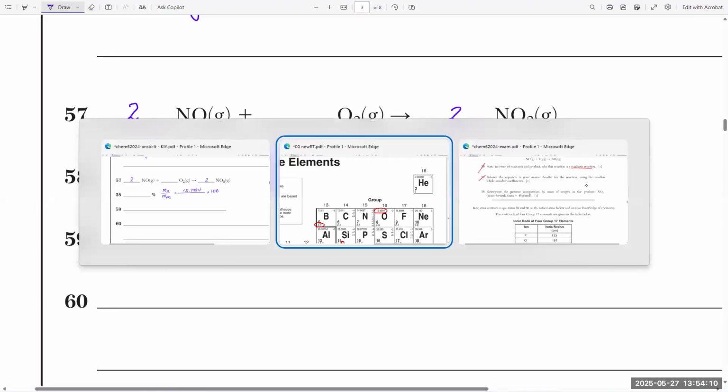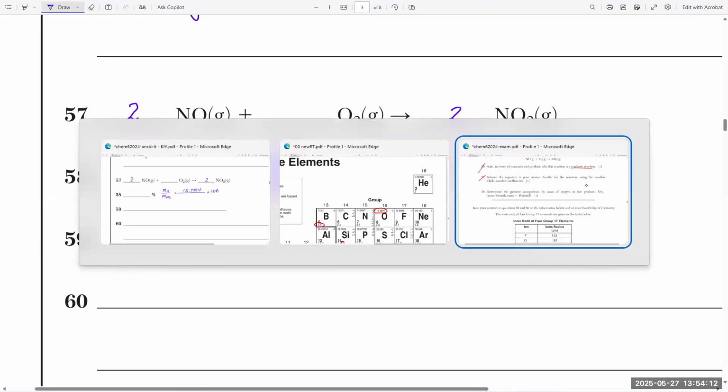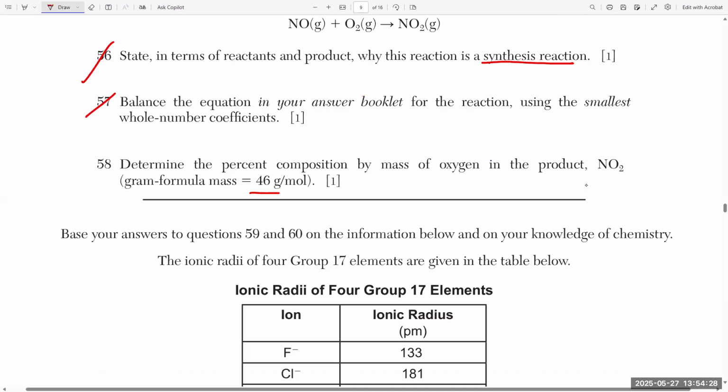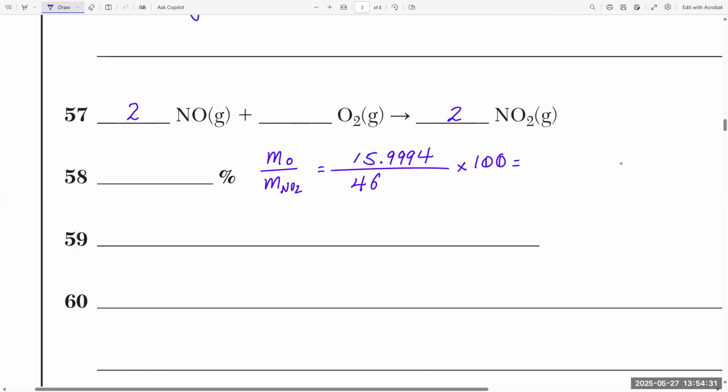Okay, so the whole is what? You can figure it out, but they actually gave it to you right here, 46 grams per mole. So it's 46 grams per mole. And what does that come out to? I'm sorry, I screwed that up, because it's how much oxygen? There are 2 oxygens in here, so it's going to be 2 of these.